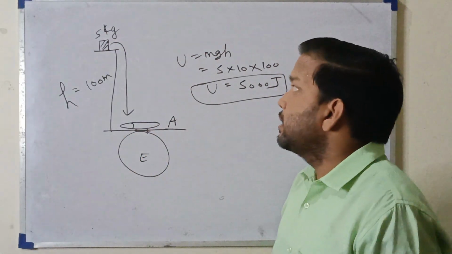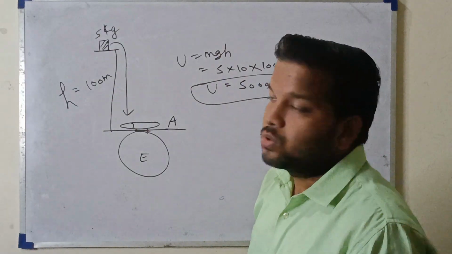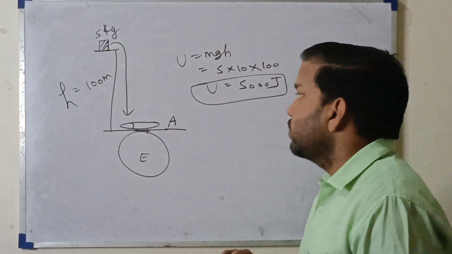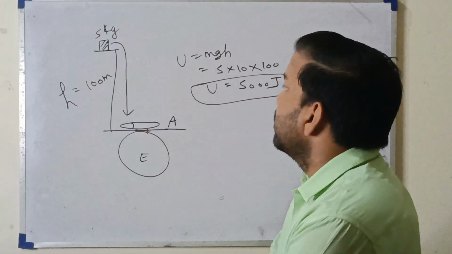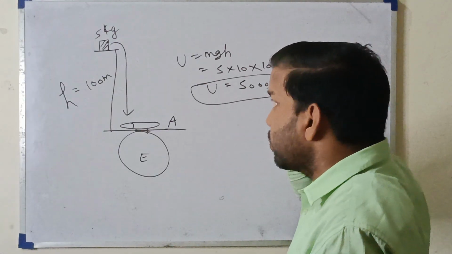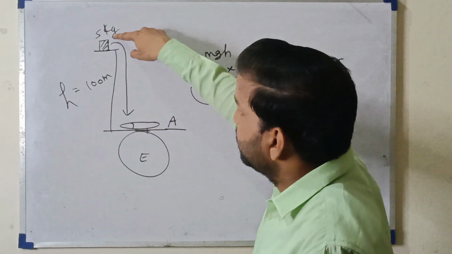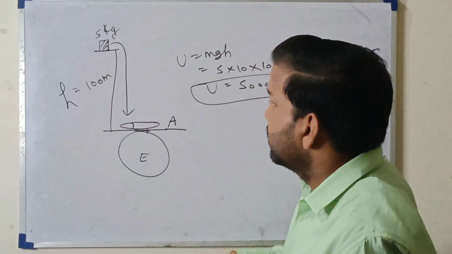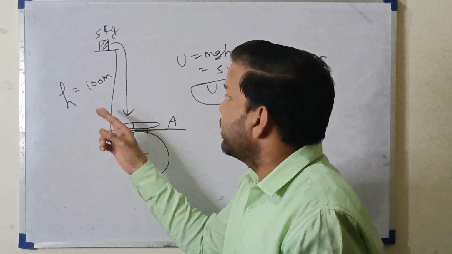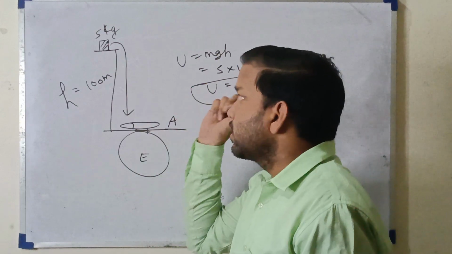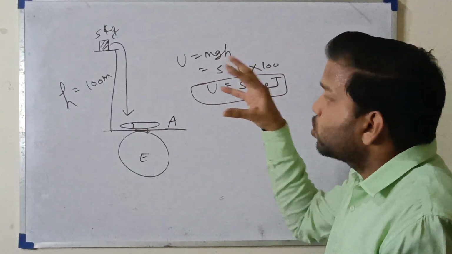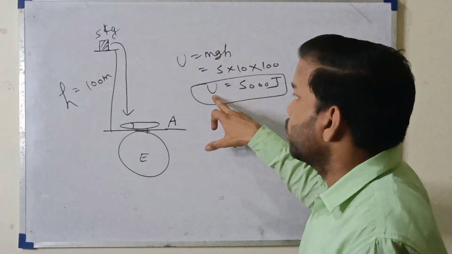So it means this object has energy. So the work which we have done to lift up this object up to a height of 100 meter onto the terrace will be stored in the form of U.